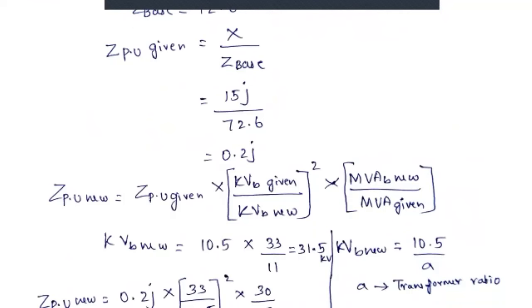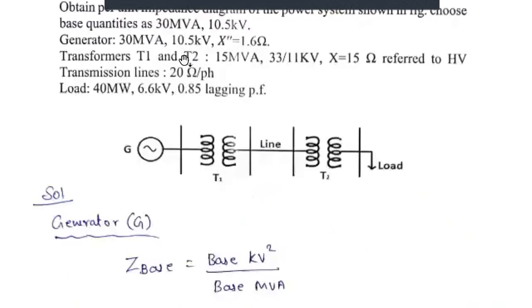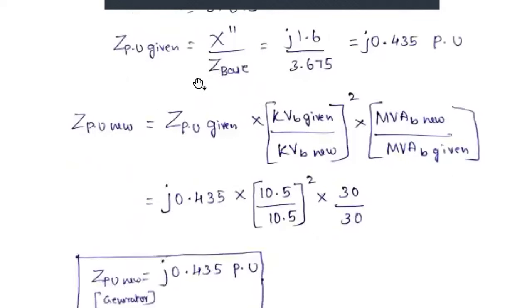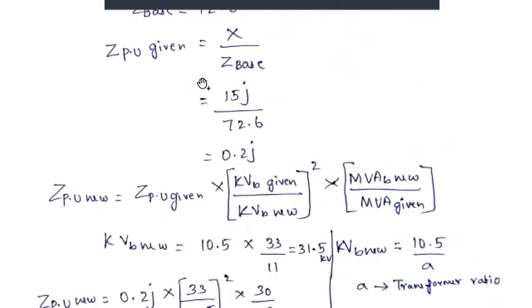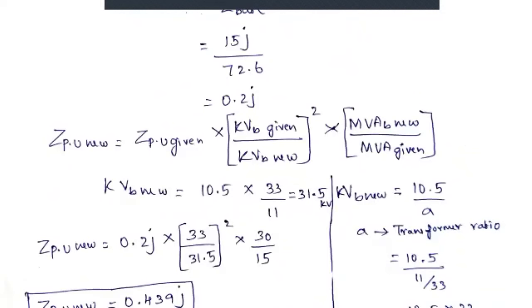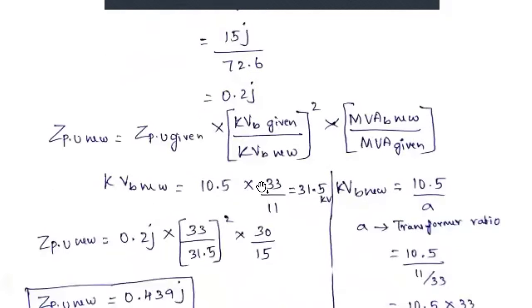To calculate this, the kV base new value is 10.5. 10.5 is the base value we already took. So 10.5 into 33 by 11. 33 by 11 is the transformer rating referred to the HV side.